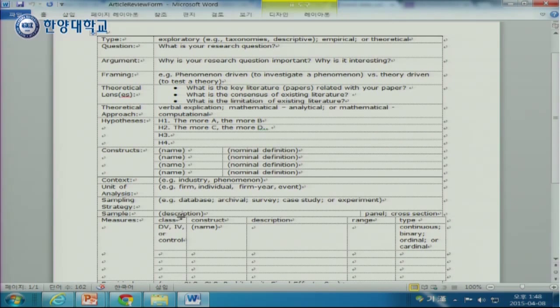So should I write that if the credit changes, the bond gets impact, or the other way around? Okay, so your research question is how credit market affects bond market. Is that your research question?